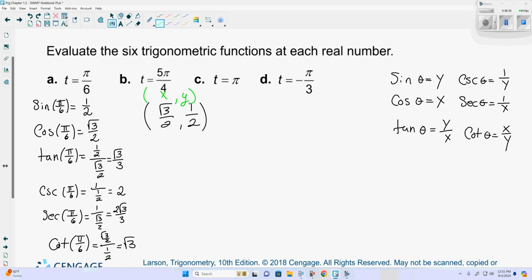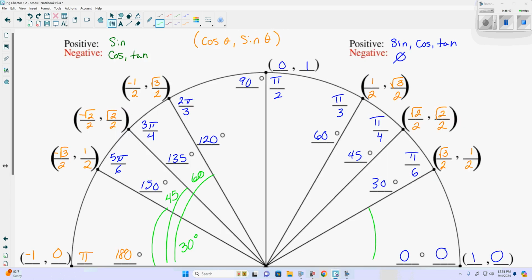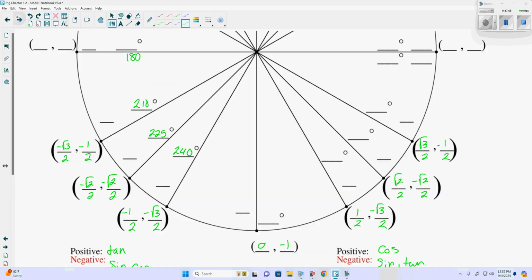Where did you get the 1/2 before? Pi over 6? An ordered pair is in the form x, comma, y. Because the x value for this point is square root 3 over 2. The y value is 1/2.